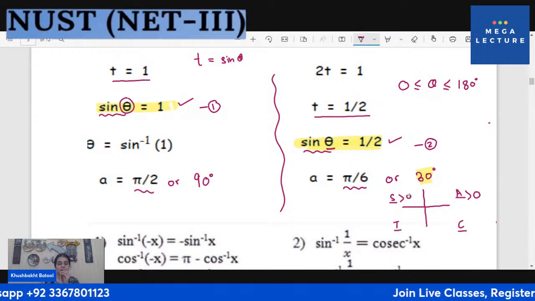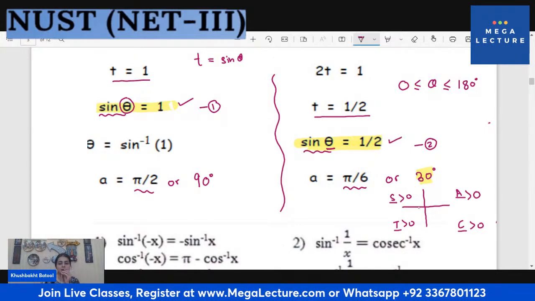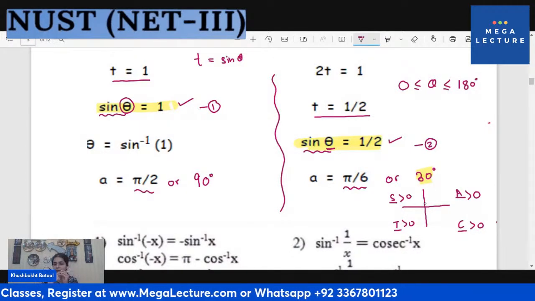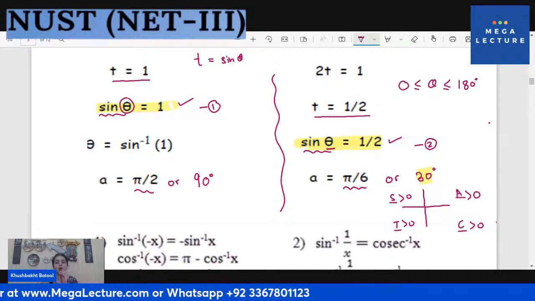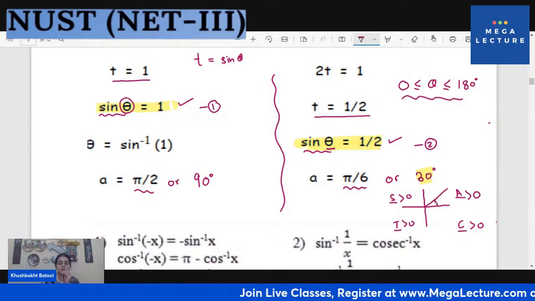Sine means sine is greater than 0. Tan is greater than 0, and cos is greater than 0. Okay. Now, what is going to happen next? Once you're clear with this, you need to find all the thetas lying in this range. This 30 degrees or pi by 6 is your answer in the first quadrant.